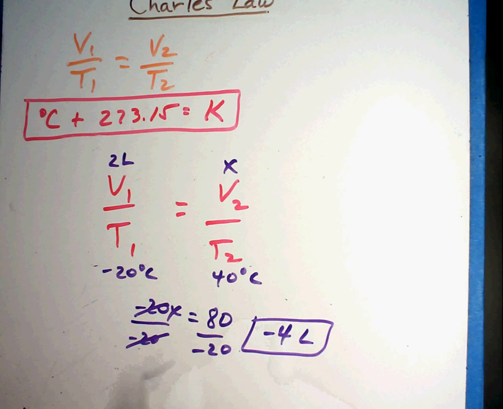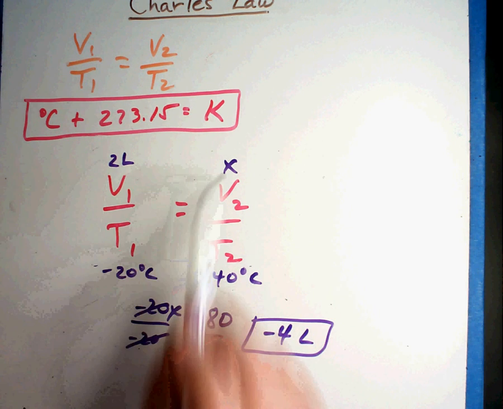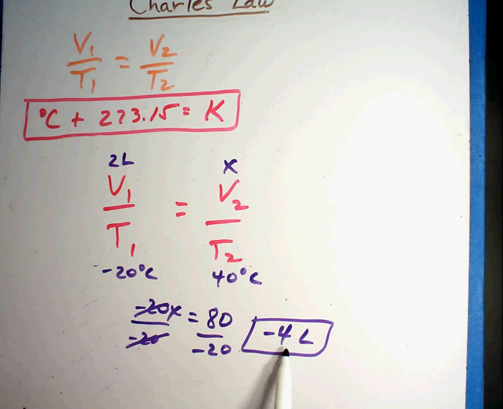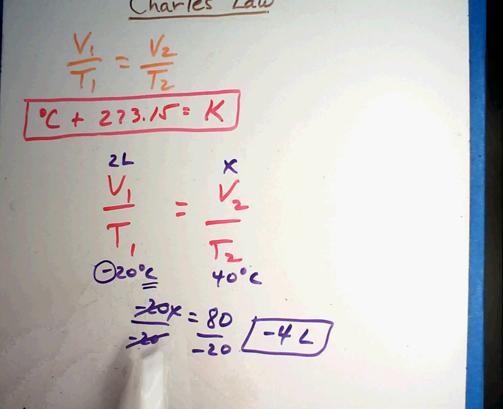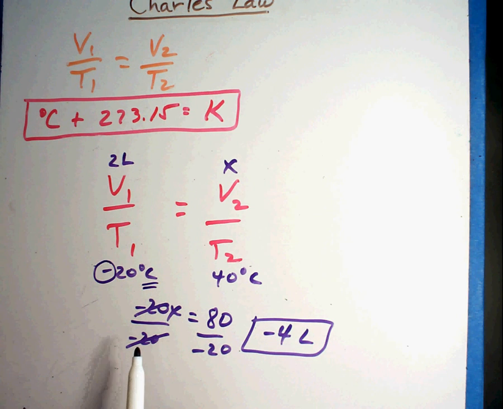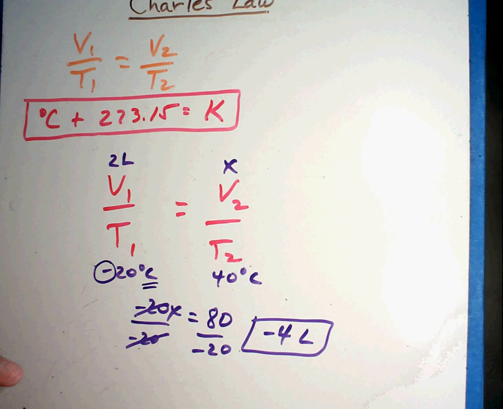Now look at that number. I went from 2 liters to negative 4 liters. There's no such thing as negative liters. You can't have negative liters. So you have to have a temperature scale that can never be negative. Celsius can be negative. Kelvin is never negative. So you have to have a scale that is always positive.